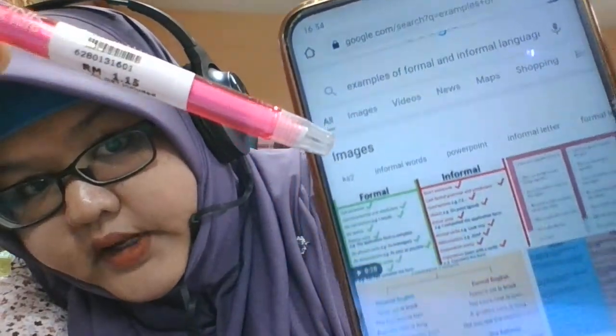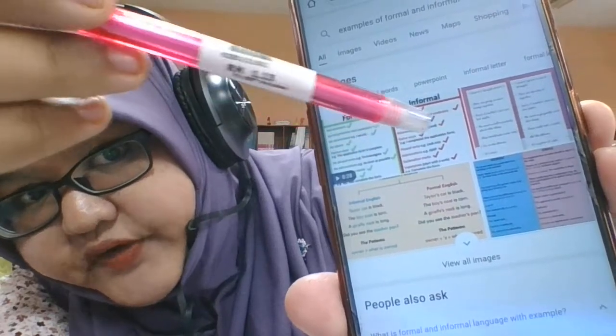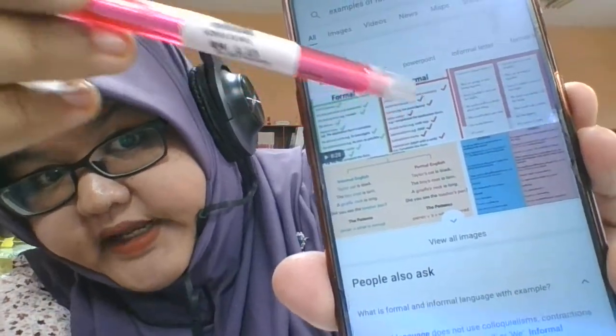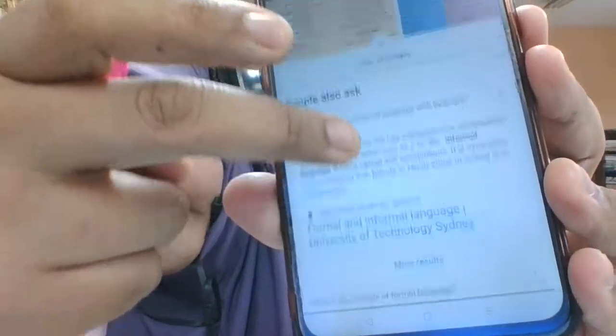The one that I told you just now, you can see it here, and the definition is down here. That is for your further explanation if you want to explore more about formal and informal language.